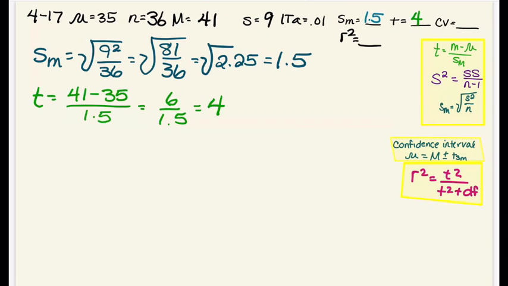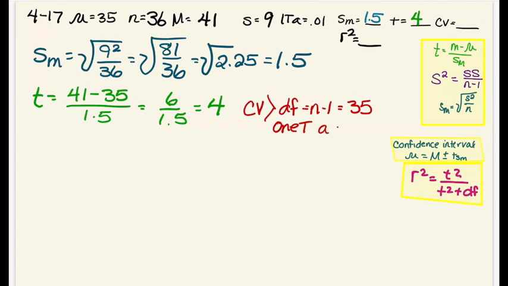Next, we have to come up with our critical t-values, and in order to come up with the correct values, we have to know what the degrees of freedom are, which is our n minus 1. In this case, it is 35 degrees of freedom.